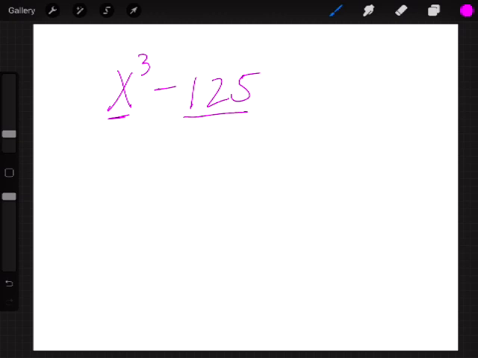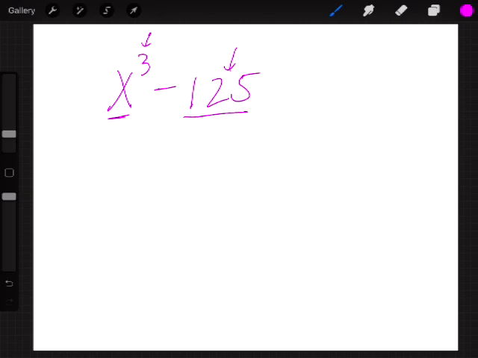There's not a number other than 1 in common, and there is not a letter in common. So there's no greatest common factor. It's not the difference of two squares, because that's a third power, not squared, and 125 is not a perfect square. So now you're thinking maybe it's the difference of two cubes.